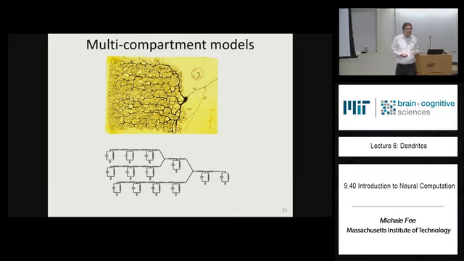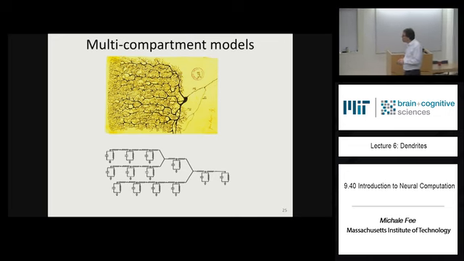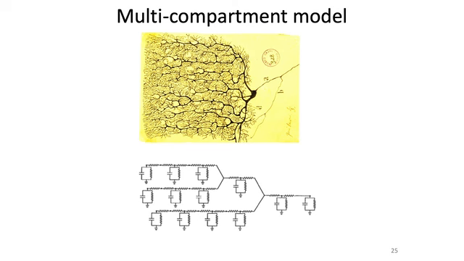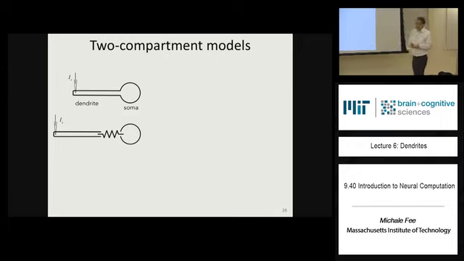So people take simplified versions of this, okay, and they can take this very complex model and simplify it even more by doing something like this. So you take a soma and a dendrite. You can basically just break off the dendrite into a separate piece and connect it to the soma through a resistor. Okay?